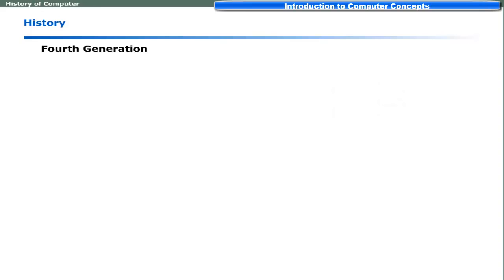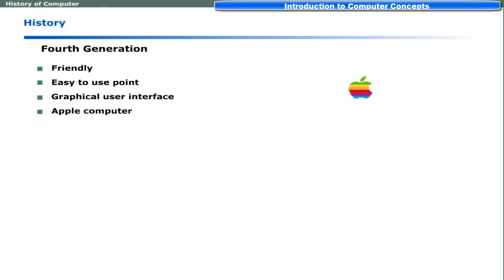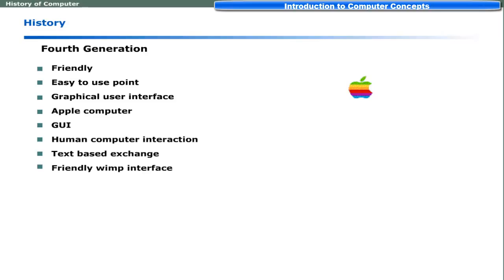Dear learners, the credit for today's friendly, easy-to-use, point-and-click graphical user interface goes to Apple Computer. GUI changed the human-computer interaction from text-based exchange mode to friendly WIMP interface.